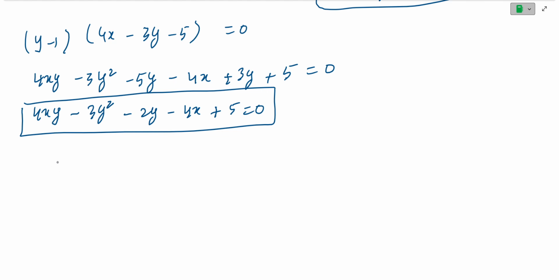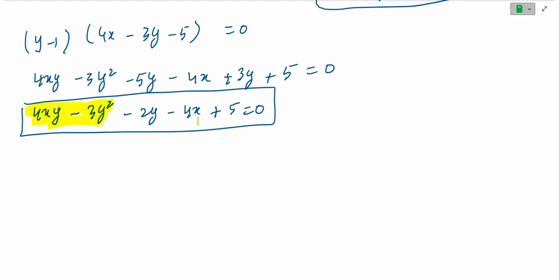Now take this highlighted part. This highlighted part is called the second degree part in the pair of straight line equation. Why? Because the degree of x is 1 and the degree of y is 1, so the degree of the 4xy term is 2, and the degree of the y square term is 2, because the power of y here is 2.